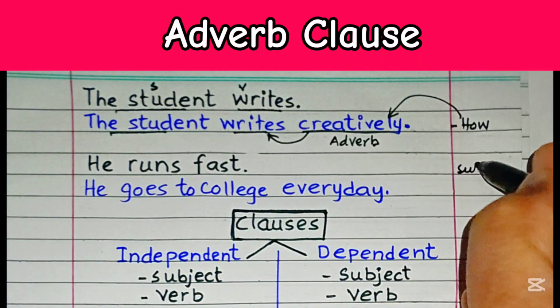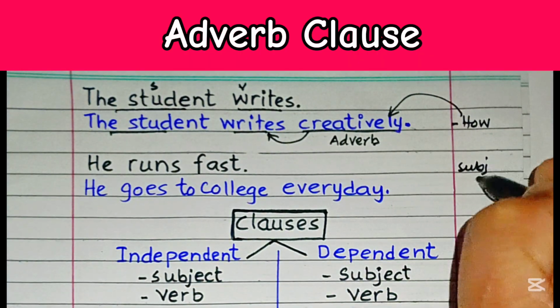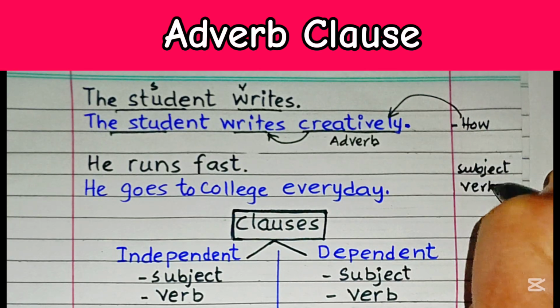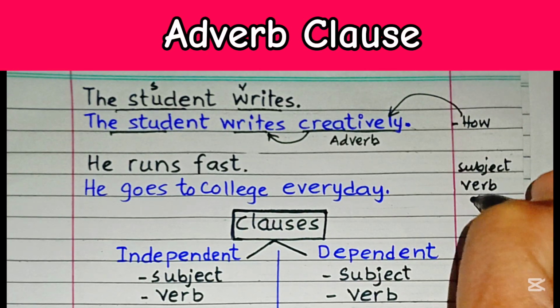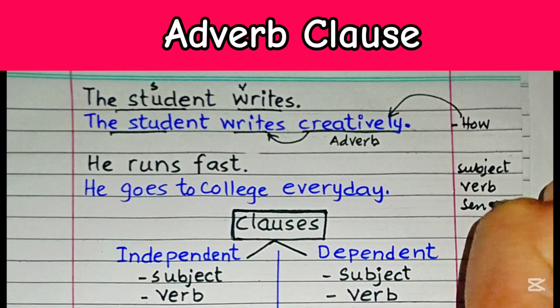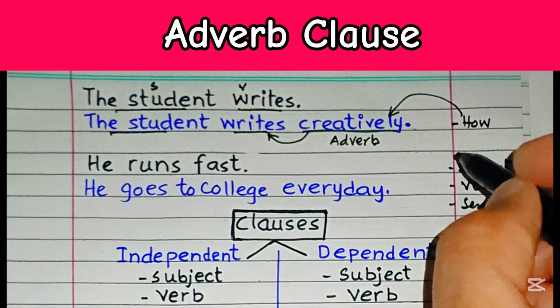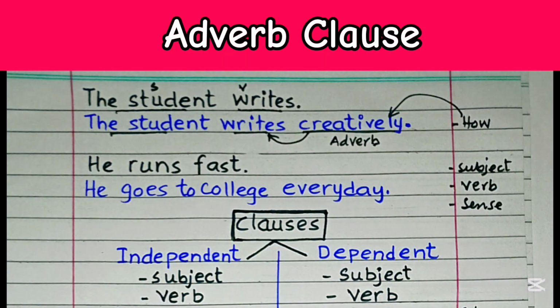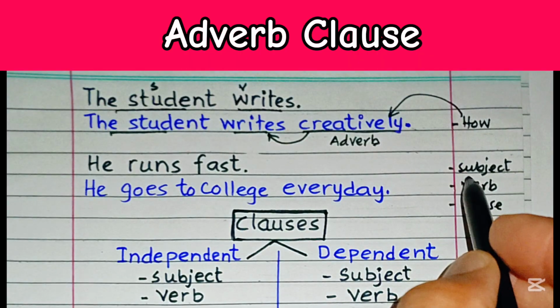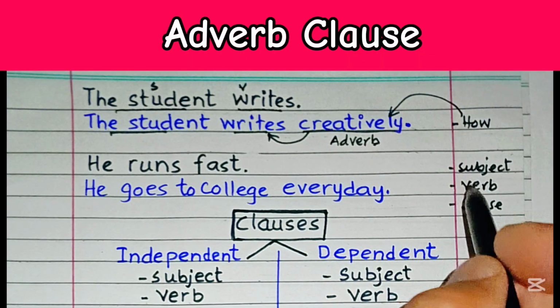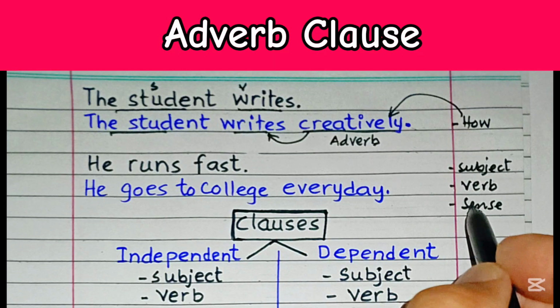There should be a subject and there should be a verb, and at the same time it should have some sense, meaning there should be some sense of that particular chunk of words. So as I said, a clause is a group of words with a subject and a verb, and then it should have some sense as well.